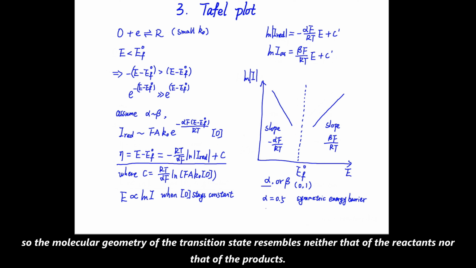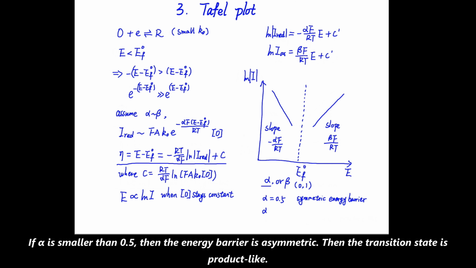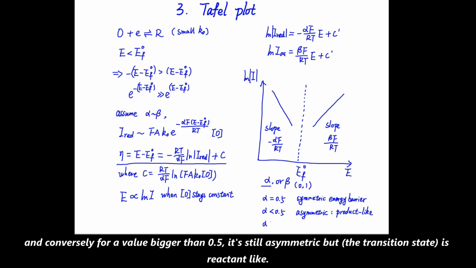So the molecular geometry of the transition state resembles neither that of the reactants nor that of the product molecules. And if alpha is more than 0.5, then the energy barrier is asymmetric. So the transition state is product-like. And conversely, for a value smaller than 0.5 it is still asymmetric, but reactant-like.